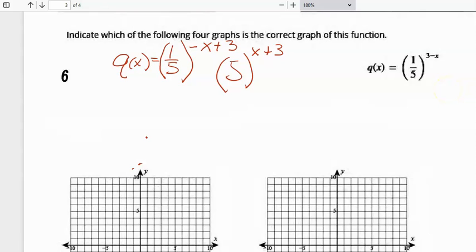Now, going on to number 6 and analyzing it a little, I've rewritten the 3 minus x as a -x plus 3.